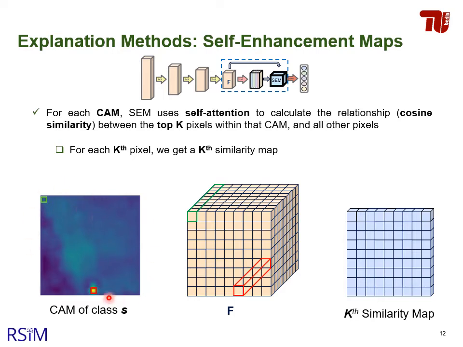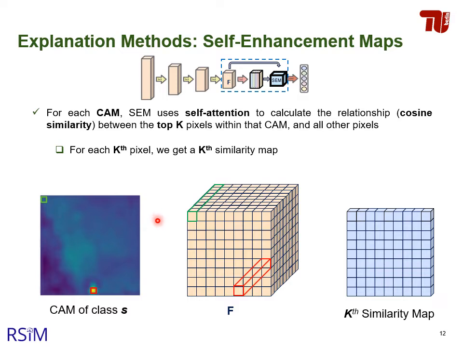And so if we were to set K to 1, then in this example we would only take the similarity between this pixel location in red here, as it has the highest score within this CAM. And so we would then calculate the similarity between this pixel and all other possible pixel locations.